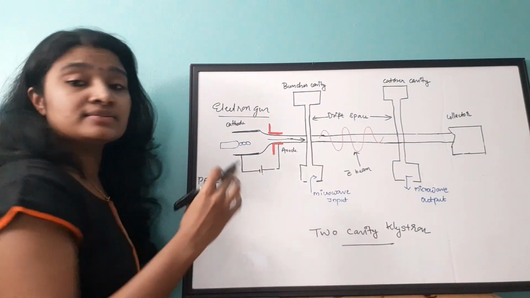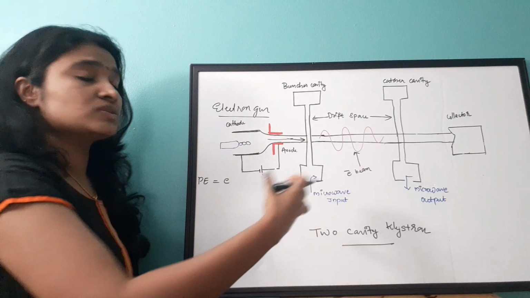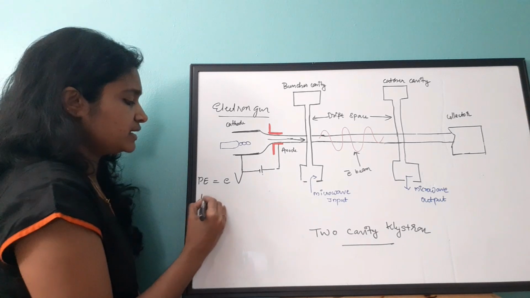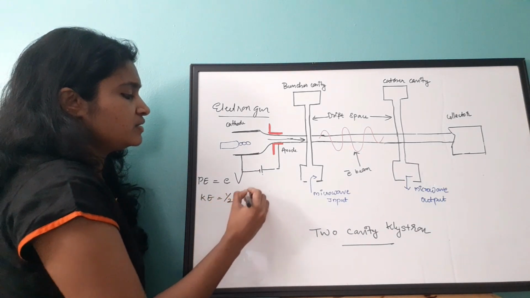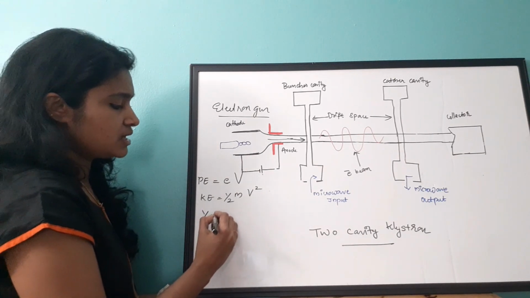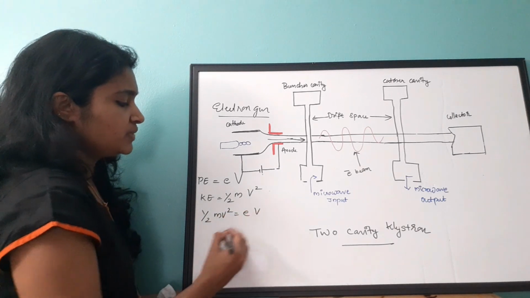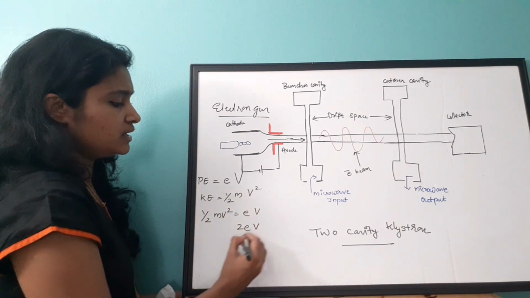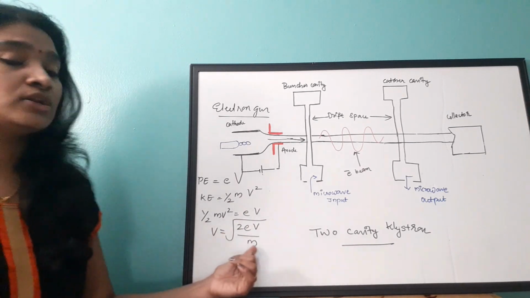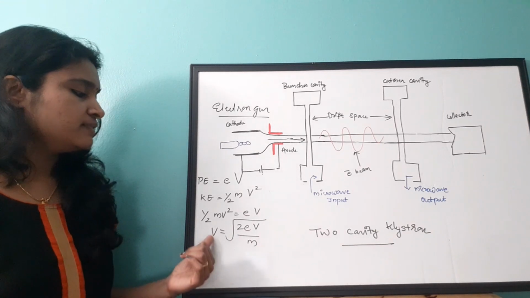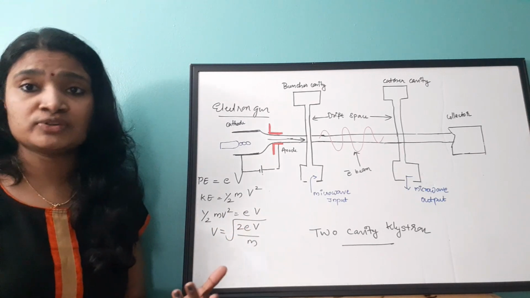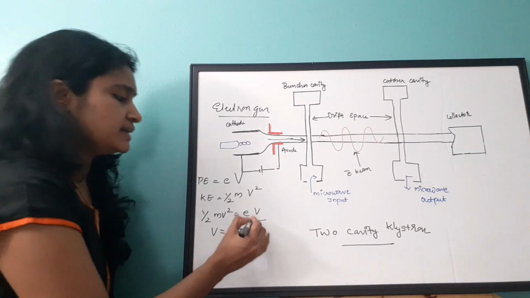Potential energy is converted to kinetic energy while the electrons are accelerated. The potential energy is eV, where V is the voltage applied, and the kinetic energy is half mv squared. Equating these two energies, half mv squared equals eV, so the velocity of the electron is the square root of 2eV by m, where e is the charge of an electron and V is the voltage applied.